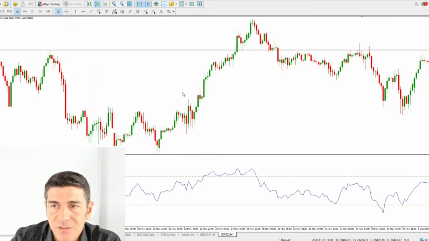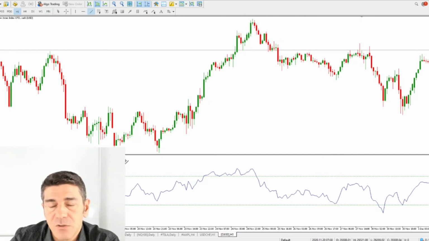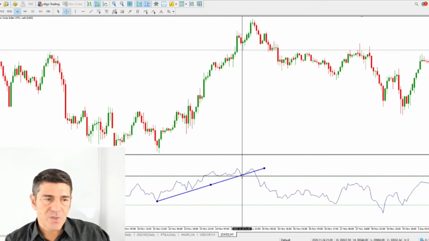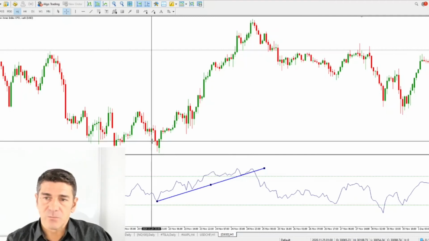Something that is not so popular is that you can train yourself to put trend lines directly on the RSI. What do I mean? Let's take a look right here. In other words, we are seeing an uprising, and we know the general rules for how to draw trend lines on the price charts.